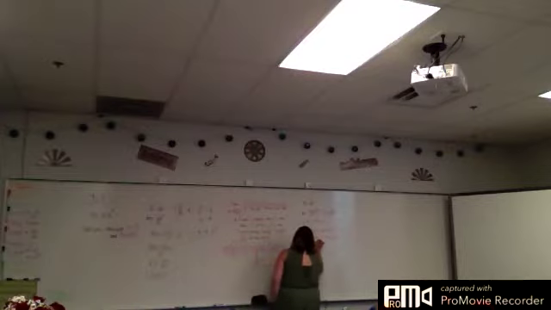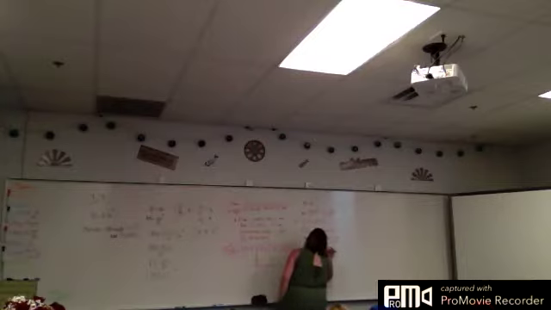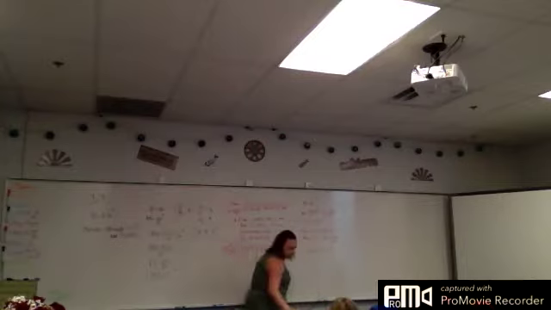So you add 2.5 to both sides like you normally would. Nothing changes there, and you have natural log of y equals 0.37x plus what is 2.5 minus 0.37? 2.13, okay?